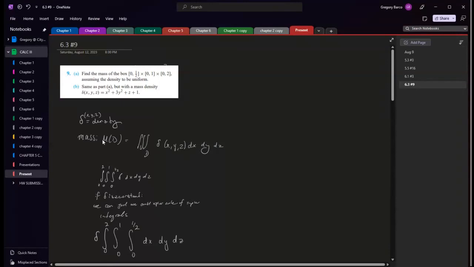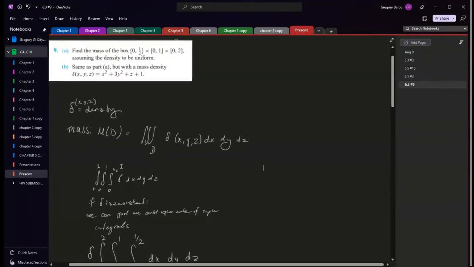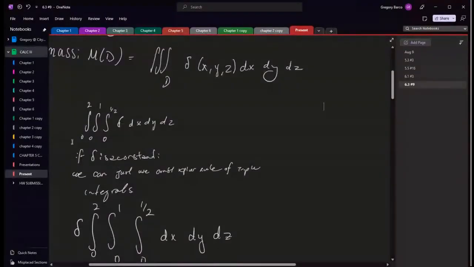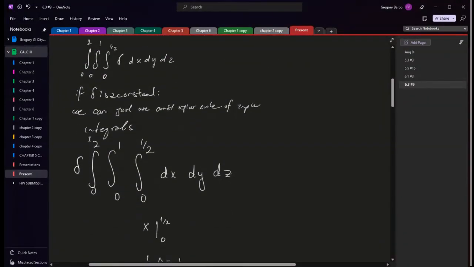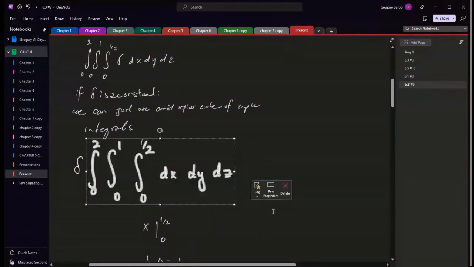So we can have our function here of mass over the range of D. We can rewrite our equation like so, where delta of x, y, z is our mass constant. There's no need to write all these variables out since we already know what it is. Since it's a constant, we can apply the rules of constants in integration and move that delta to the outside of our integral. And we can go ahead and start evaluating the integral.